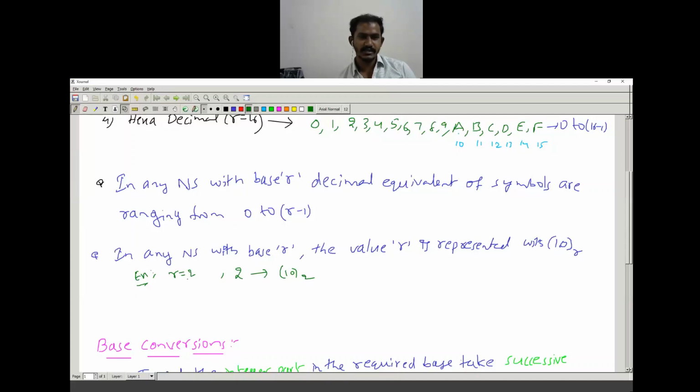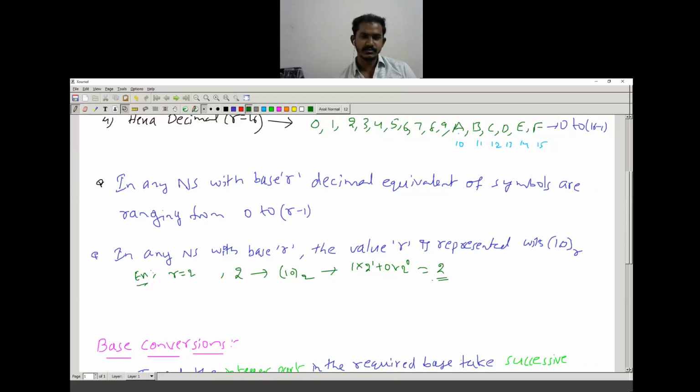So 2 can be represented by 10 base 2. You can also verify it using weighted values, which we have already seen. It is 1 into 2 power 1 plus 0 into 2 power 0, that equals 1 into 2, and 0 into 1 is 0. So it is going to be 2.